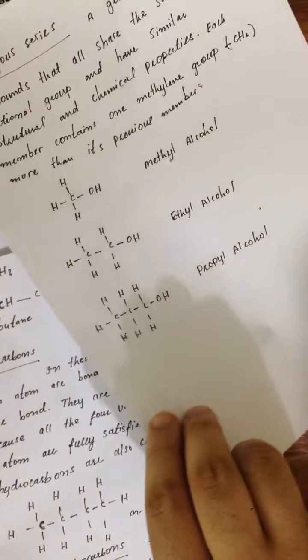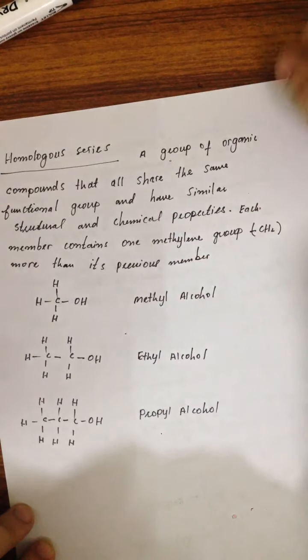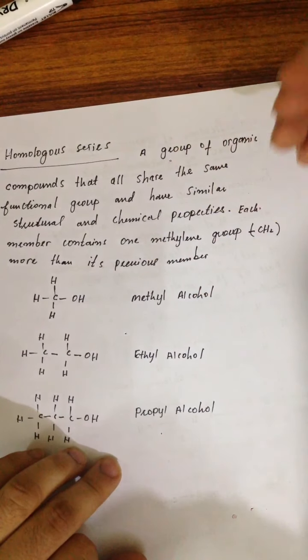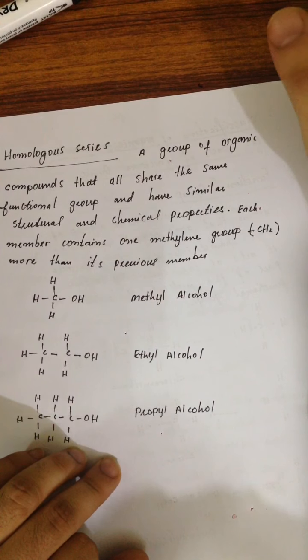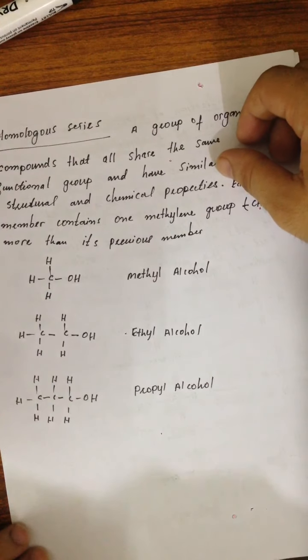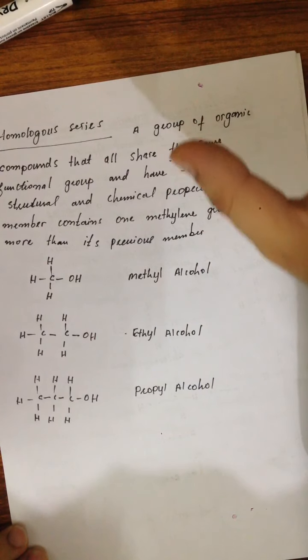One more thing that I want to talk about is the homologous series. The homologous series are a group of organic compounds that all share the same functional group and have similar structural and chemical properties. Each member contains one methylene group more than its previous member. Homologous series are actually series or groups of organic compounds. They have a similar functional group.